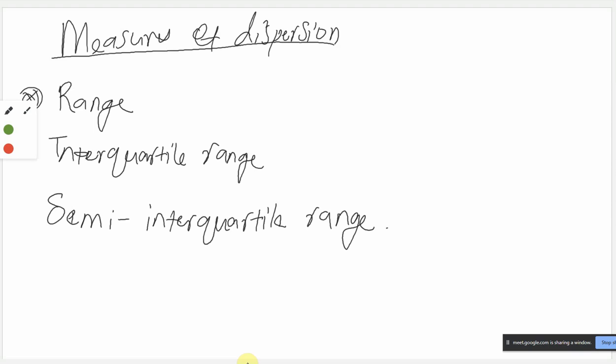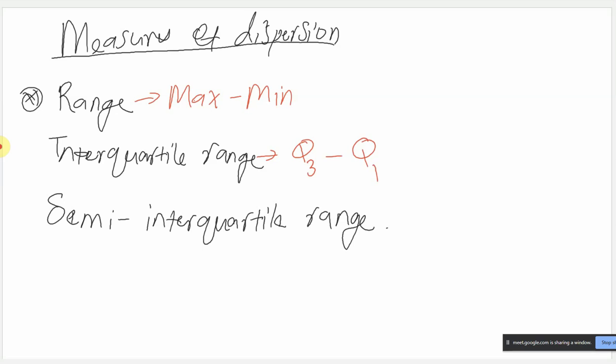So range is the bigger number minus the smaller number, so the max number subtract the minimum number. And then the interquartile range is the range between the quartiles. So we have the lower quartile and the higher quartile. So our interquartile range will be the higher quartile, Q3, minus the lower quartile, Q1.